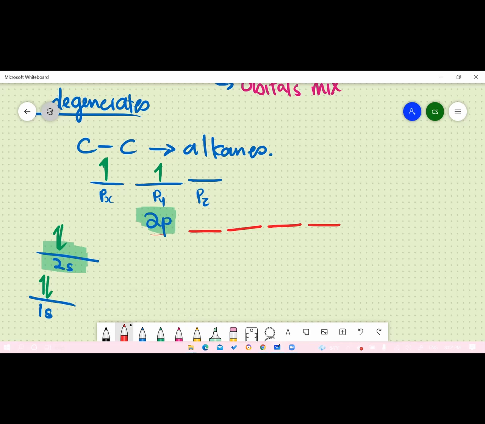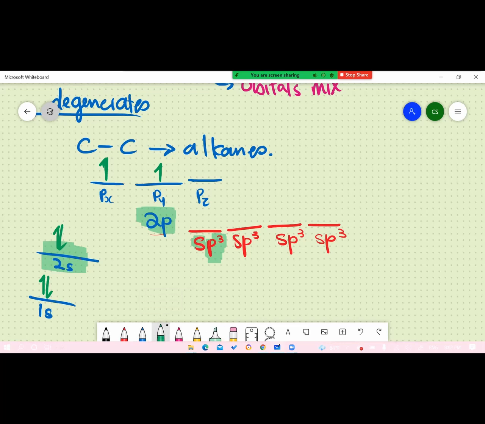And these would be called sp3 hybrids. What sp3 means is that you have 1 s orbital mixing with 3 p orbitals.